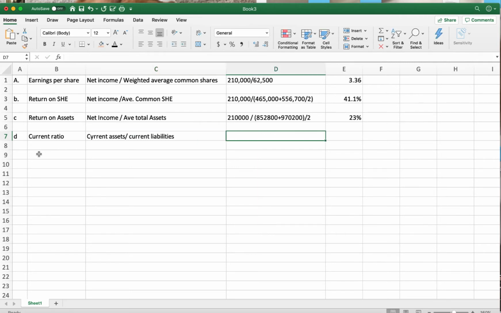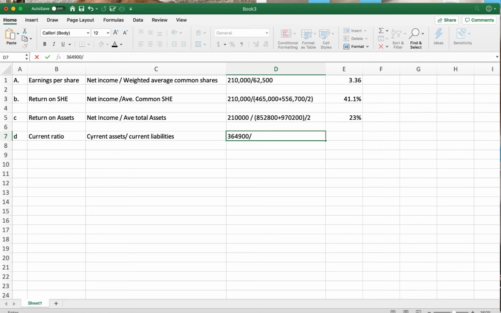Okay, so what exactly are my current assets? Well, I need to go to the balance sheet, and notice they give us very nicely, hey, here's your total current assets. In 2017, because that's what we're calculating, 2017 numbers, we're going to take the current assets, which equal 364,900, and we're going to divide by the current liabilities.